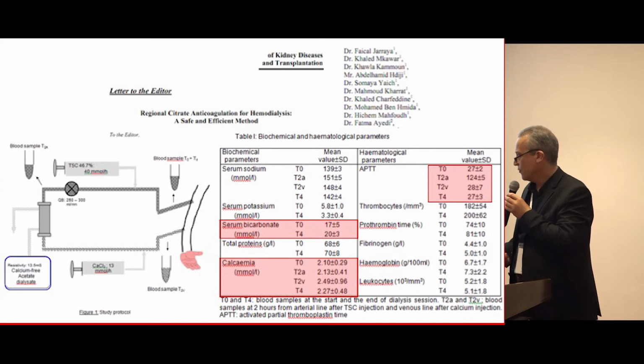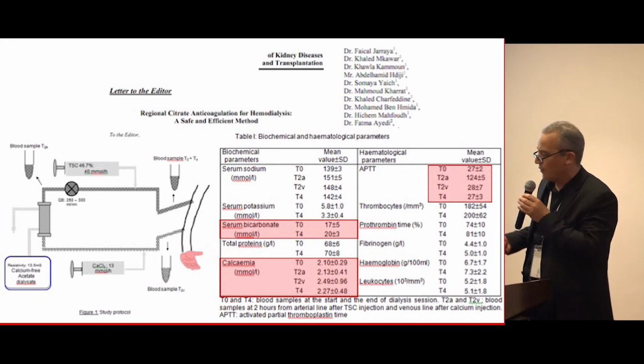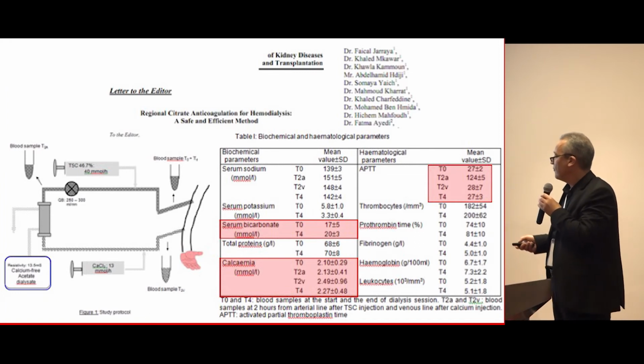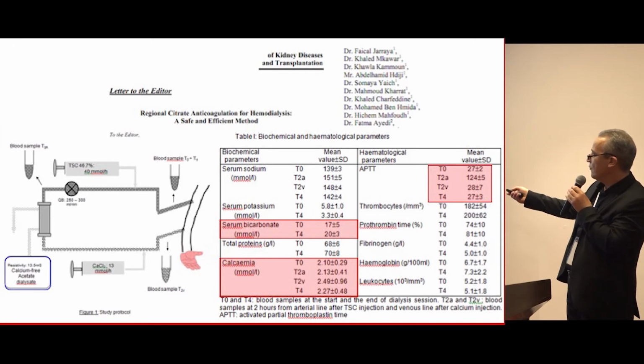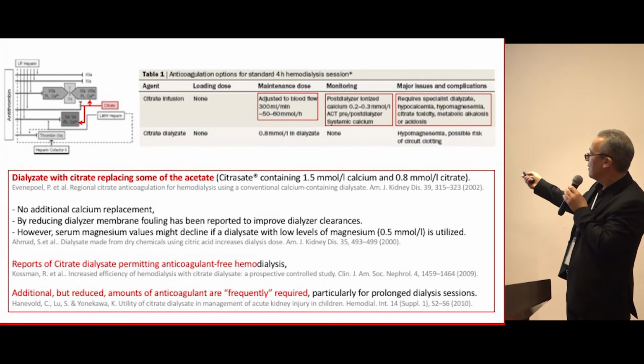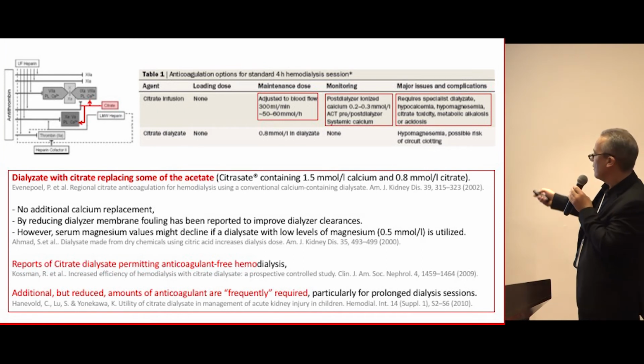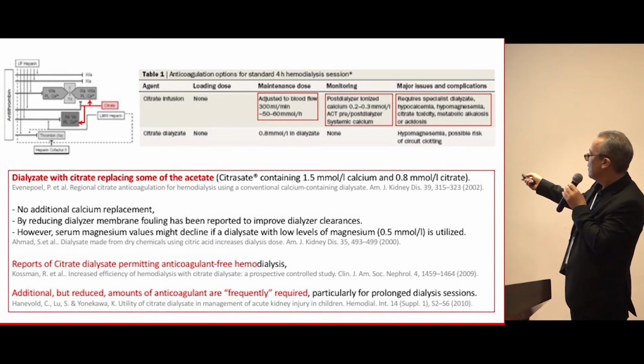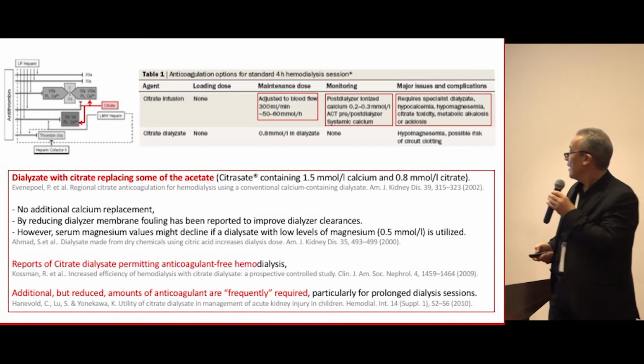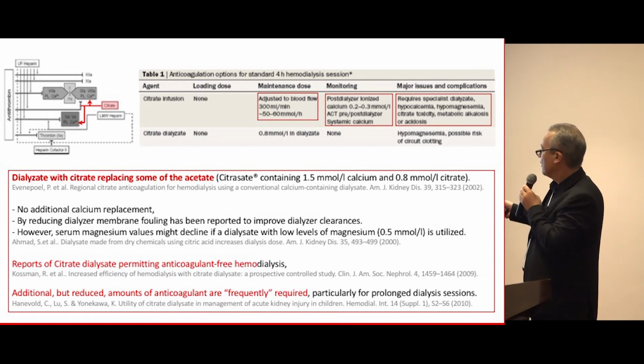So it is safely used with acetate, but now we don't have acetate, and we have bicarbonate. If you use bicarbonate it is also possible, but the risk is especially hypocalcemia, hypomagnesemia, but also citrate toxicity, especially for patients with hepatic failure, and the problem of metabolic alkalosis for these patients.